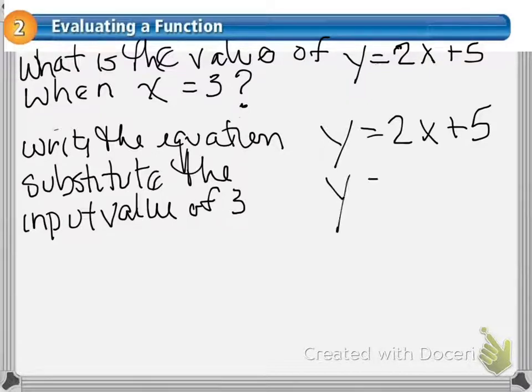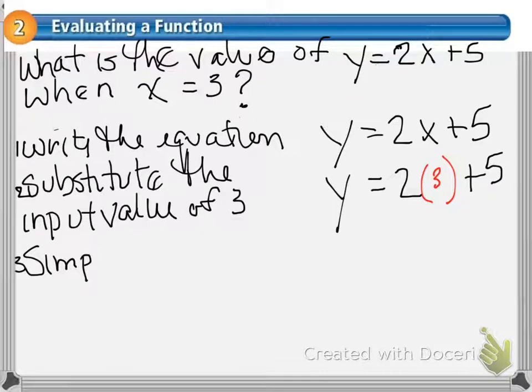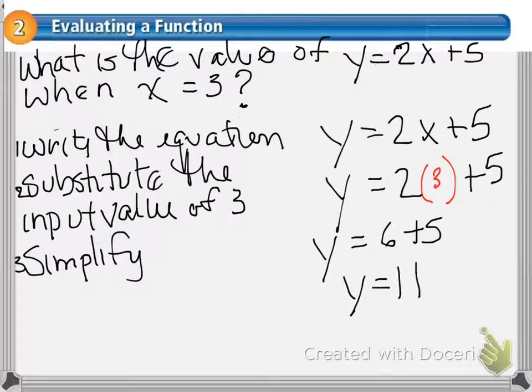So here we go. I'm going to put y equals 2, and then I'm going to insert the 3, and then we're going to go ahead and add 5. And then all we have to do is simplify. 2 times 3 is 6 plus 5, or y equals 11.